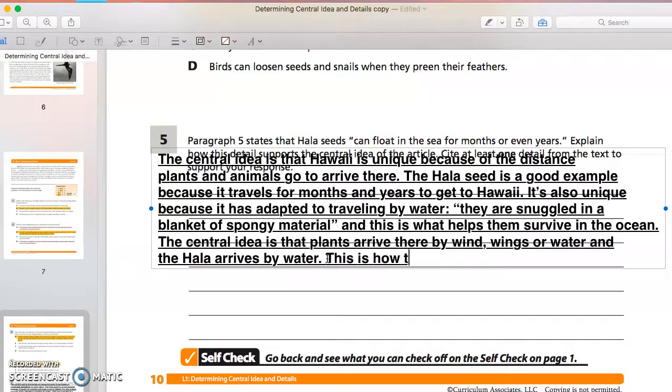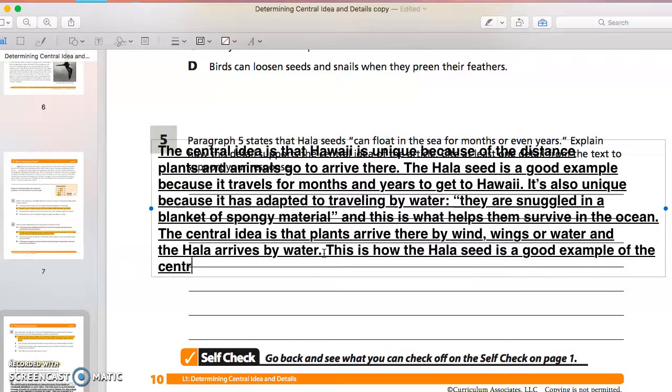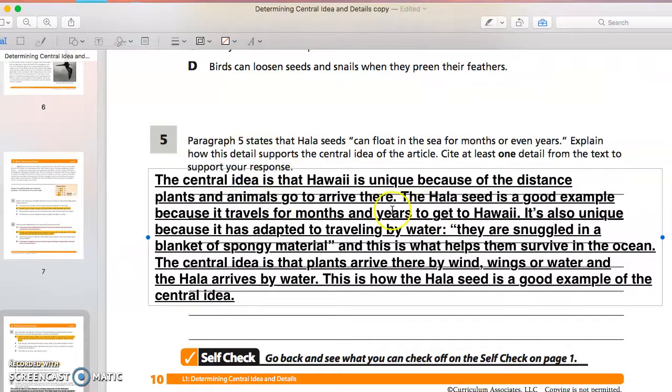This is how the challah seed is a good example of the central idea. So you're restating, you're giving yourself a concluding sentence. So you want to make sure you have 1, 2, 3, 4, 5, and then your last sentence can be: this is what makes Hawaii unique, and that will be the end.